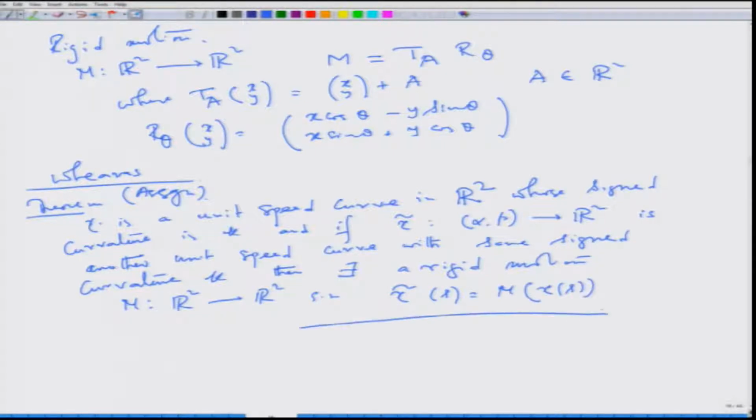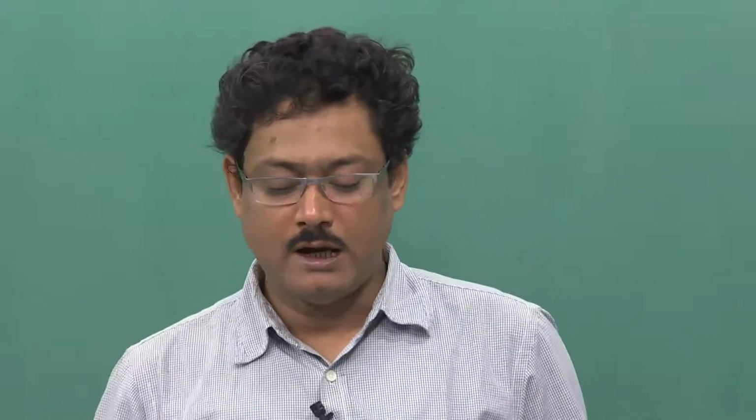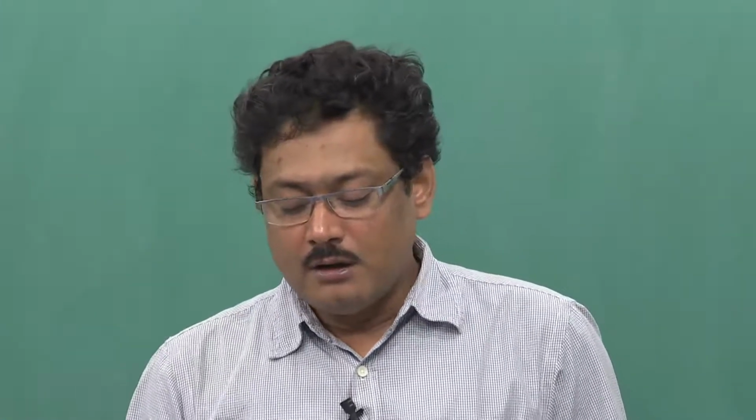This is what I meant in the last lecture, that any planar curve is determined by its sign curvature up to translation and rotation; that if two curves in a plane have the same sign curvature, then one can be mapped to another by translation and rotation.